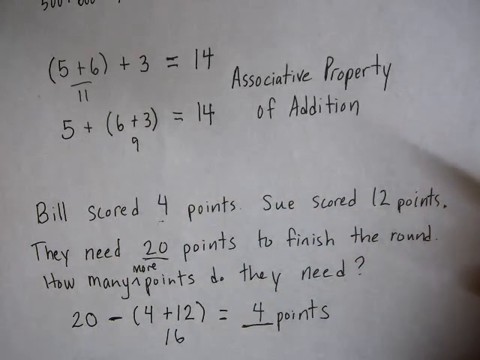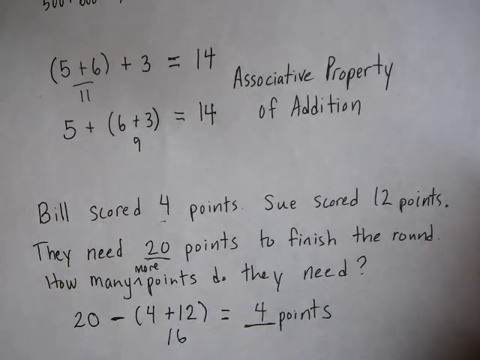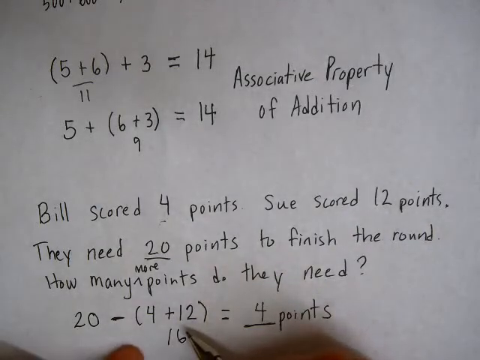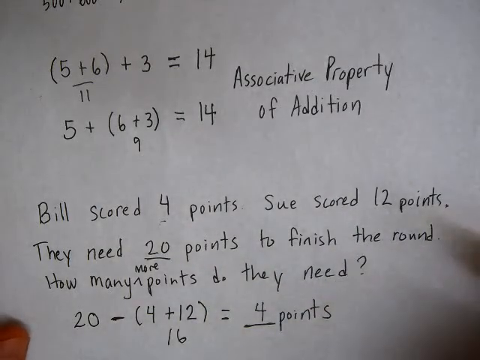You'll see in lesson 7.5 we're going to be talking about basketball. So anything you can talk about with scoring points, and this is the big number that they need. How many do they have so far? And give them a couple little numbers to add up. And those little numbers are what would go in the parentheses.